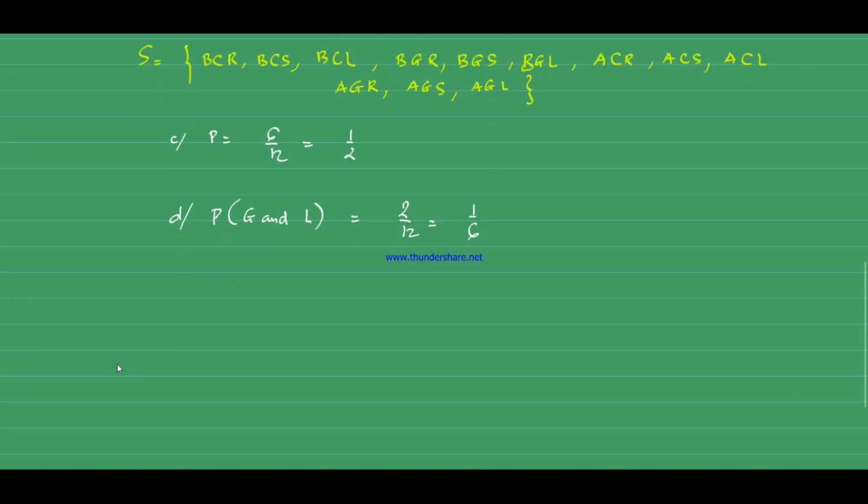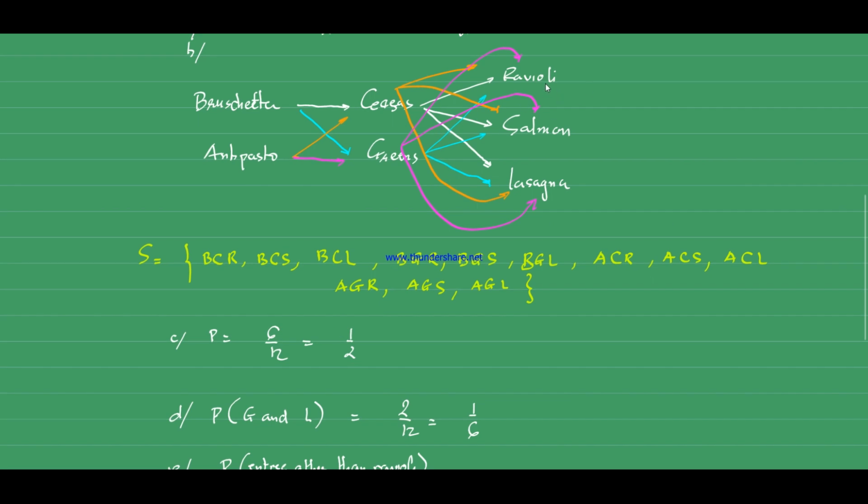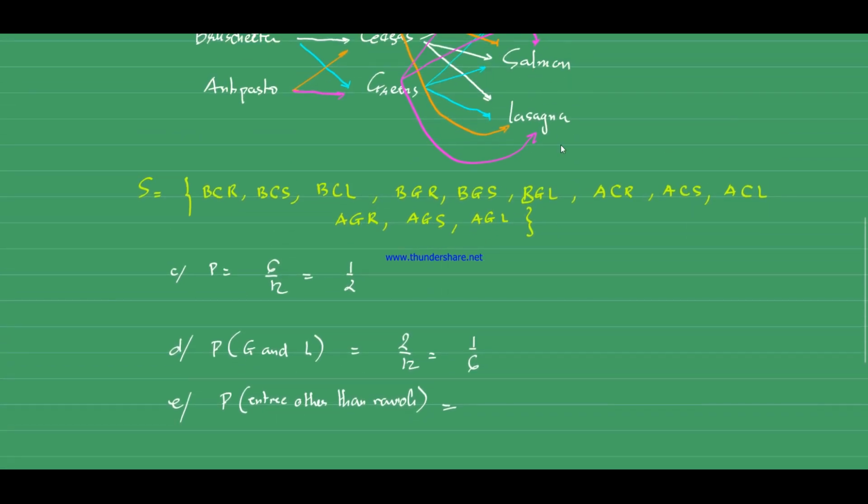Okay, and for the probability of an entree other than ravioli. So we know that we have only 3 entrees, but it's other than ravioli, so that means salmon and lasagna.